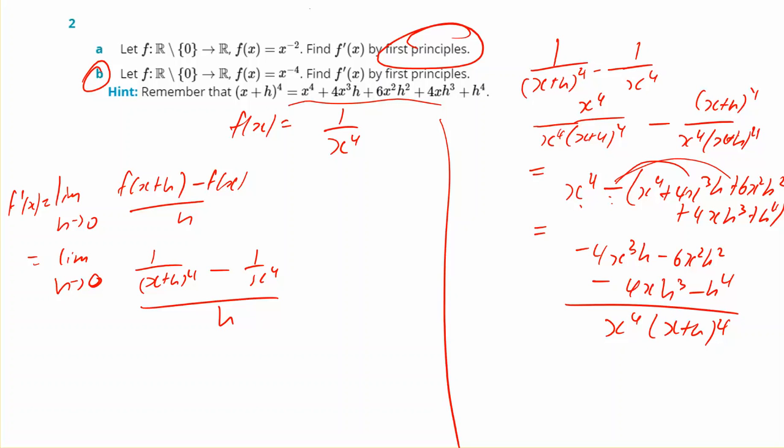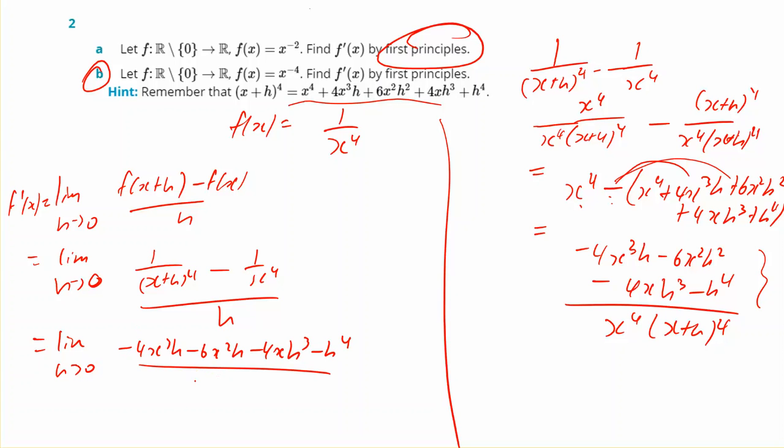Okay, so I've sort of run out of space here. This should be one line at the top. All right, so this simplifies to the limit as h approaches 0 of negative 4x cubed h minus 6x squared h squared minus 4x h cubed minus h to the 4 over x to the 4 by x plus h to the power 4, divided by h. Now remember I said dividing by h is the same as multiplying by 1 over h, so I'm just going to do that.